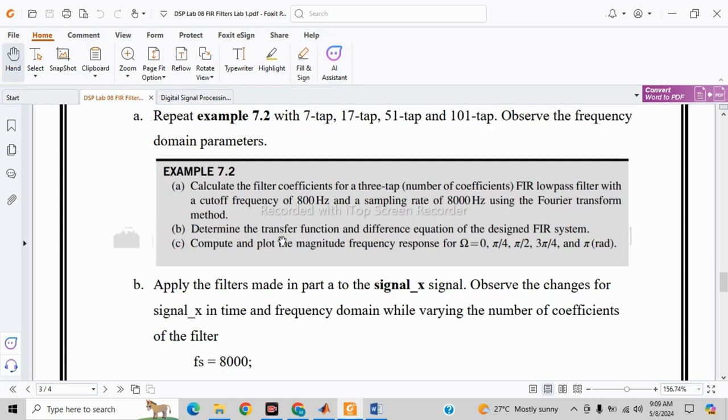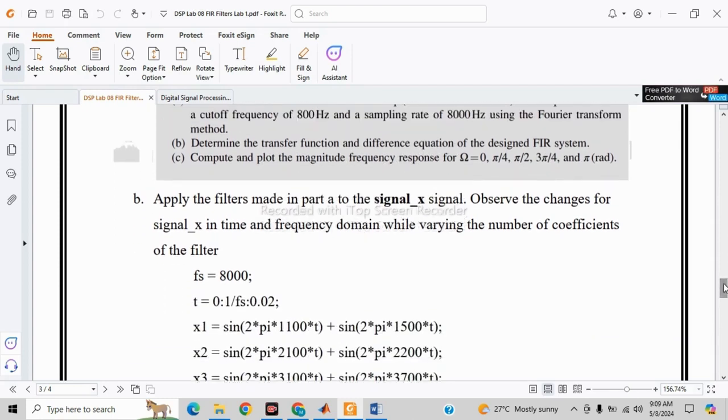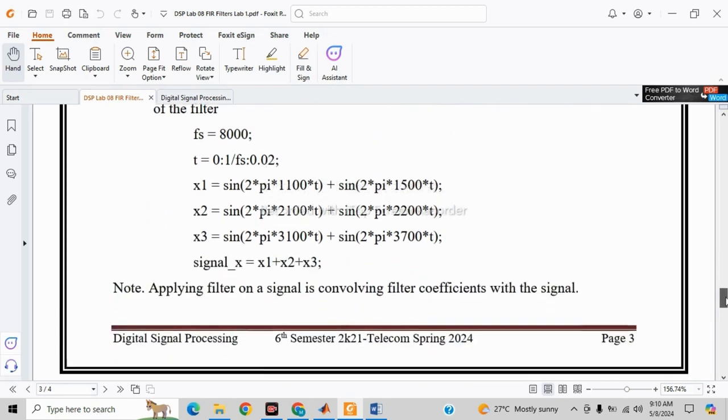Next, part B is to determine the transfer function and difference equation of the designed FIR system. Compute and plot the magnitude frequency response for omega equal to 0, pi by 4, pi by 2, 3 pi by 4, and pi radians. And part B for this task is to apply the filters made in part A to the signal X. Observe the changes for signal X in time and frequency domain while varying the number of coefficients of the filter.